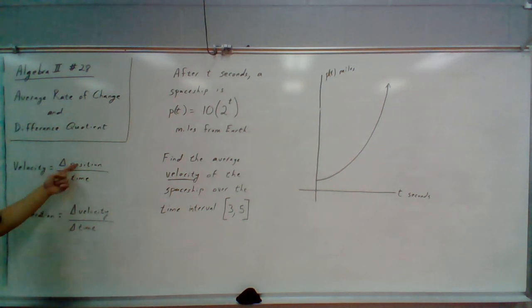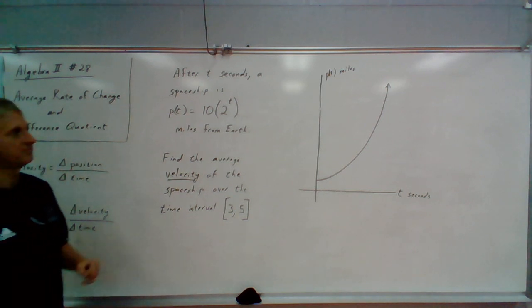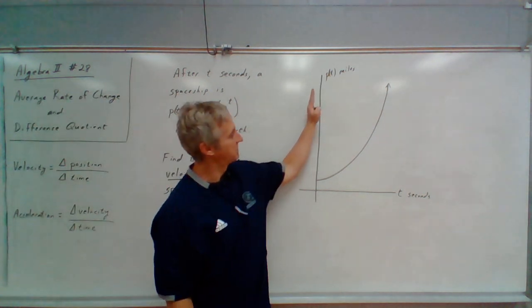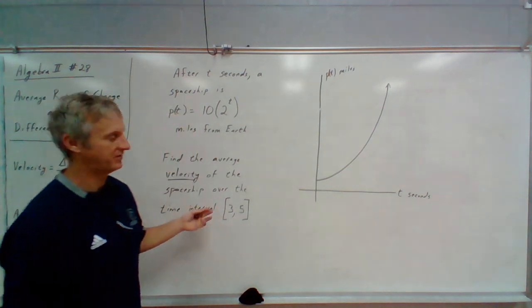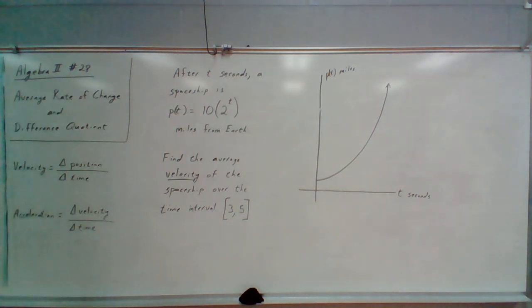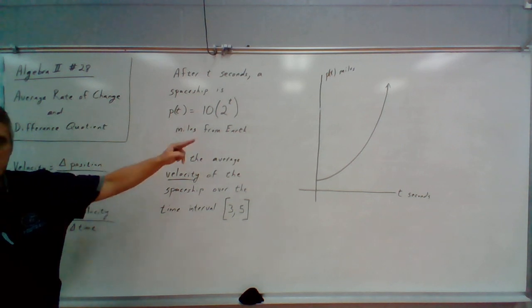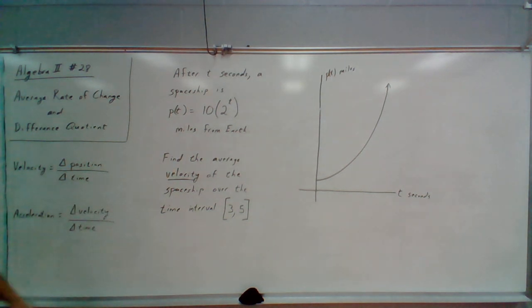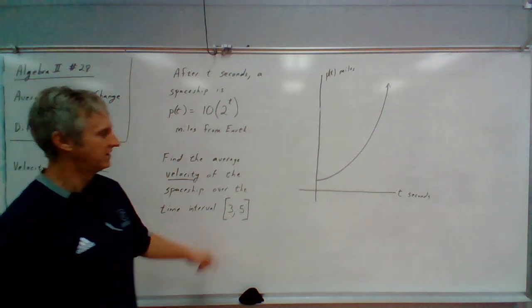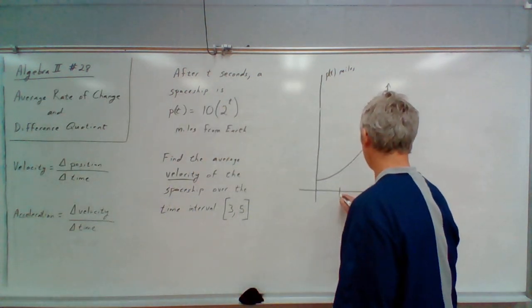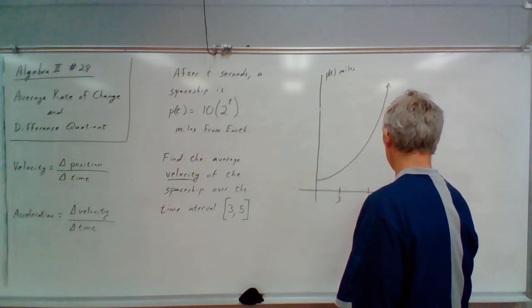So velocity is change in position over change in time. So here, if I find change in position over change in time, I'm just finding the slope. So what I'm wanting to do to find the average velocity is find the average slope, or the average rate of change, of this curve over this time interval. So from 3 to 5.